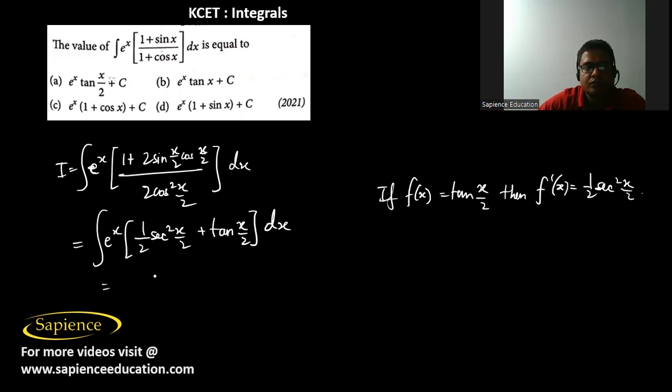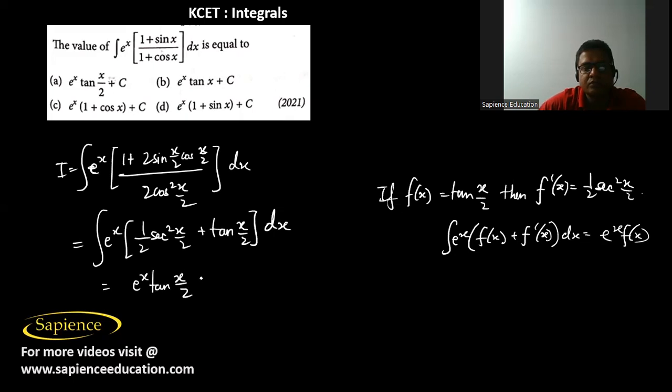So we know that integral e power x into f of x plus f dash x dx will be equal to e power x into f of x, which will be equal to e power x into tan x by 2 plus c.